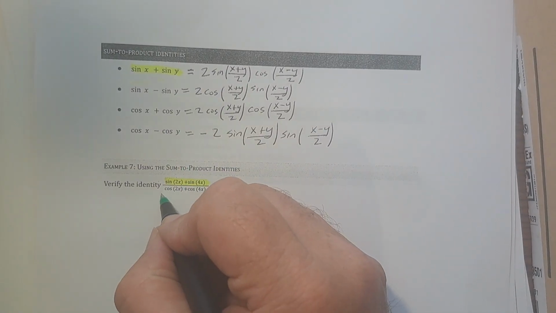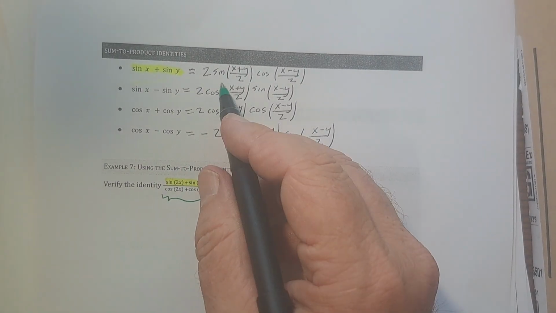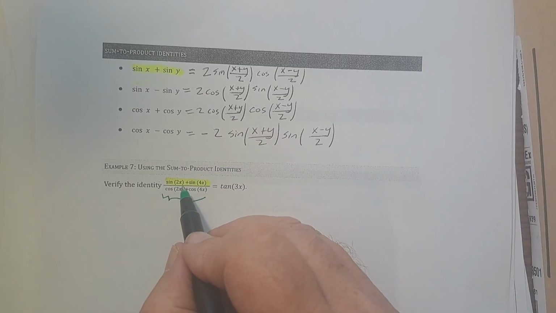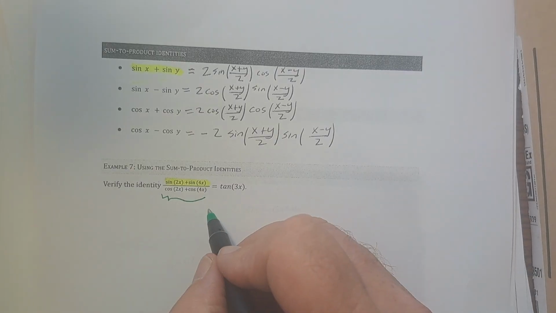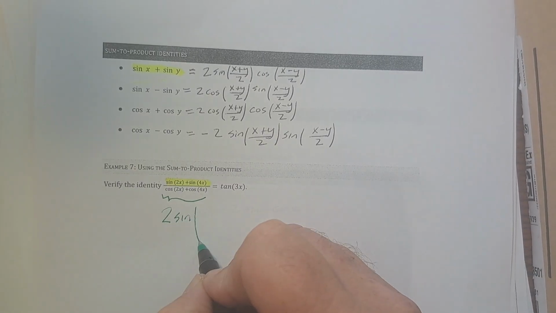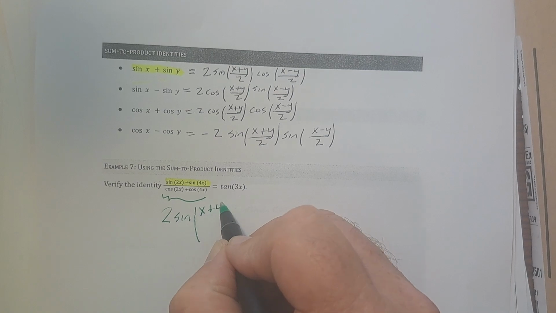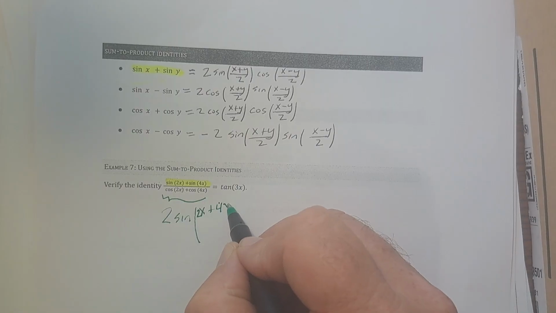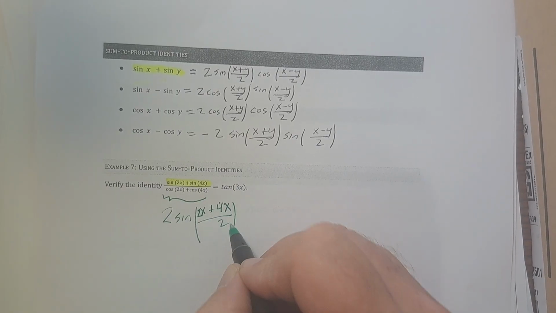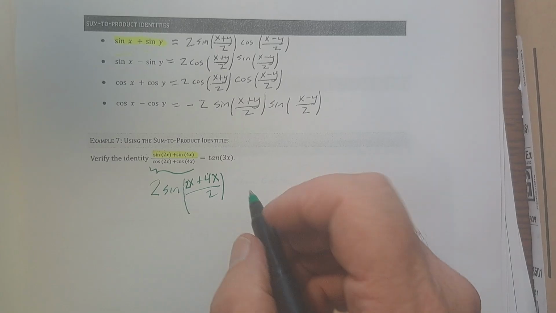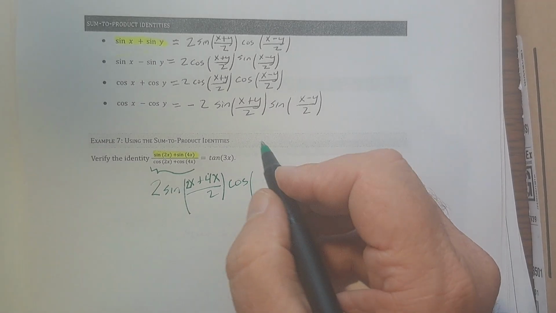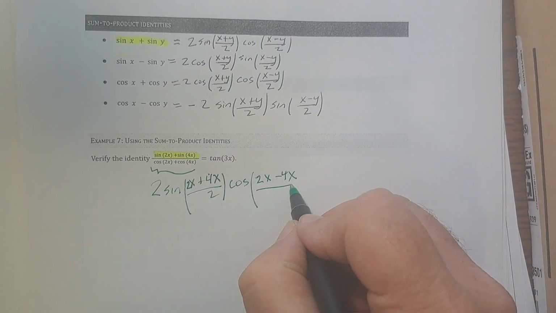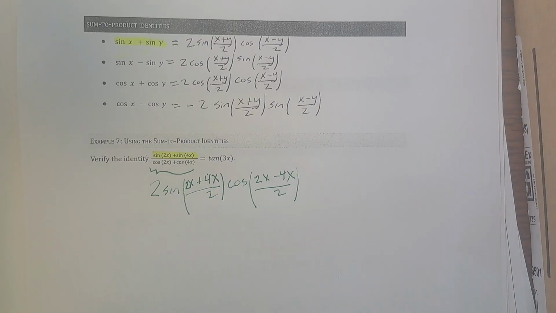According to that top one there, the sine of 2x plus the sine of 4x would be 2 times the sine of the addition of the angles, which is 2x plus 4x, divided by 2, times the cosine of the difference of the angles, which would be 2x minus 4x divided by 2. So there's your numerator.